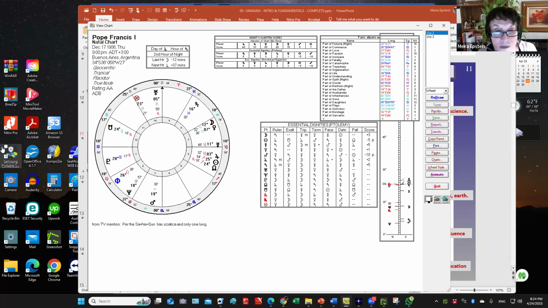But Saturn, Neptune, hard aspect indicates chronic illness, or a chronic health situation that's there for a long time. And by the way, this definition I got from the Uranian system, not from the traditional. The traditional don't have that. Nobody that I know looks at that and says chronic illness.